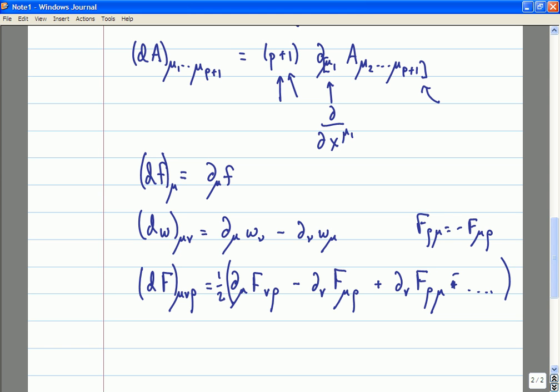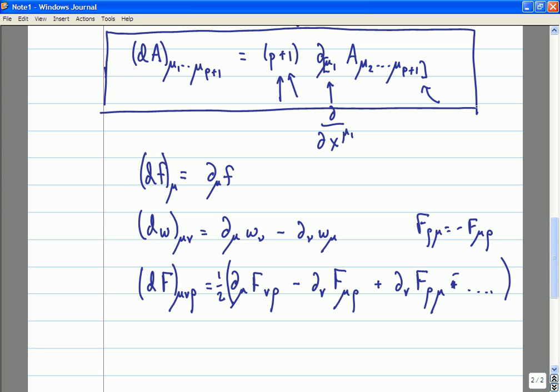So let's stare at this formula for a second. There's one obvious identity that this exterior derivative has. Let's imagine that we have a p form, and we take d of it, and then we get a p plus 1 form.